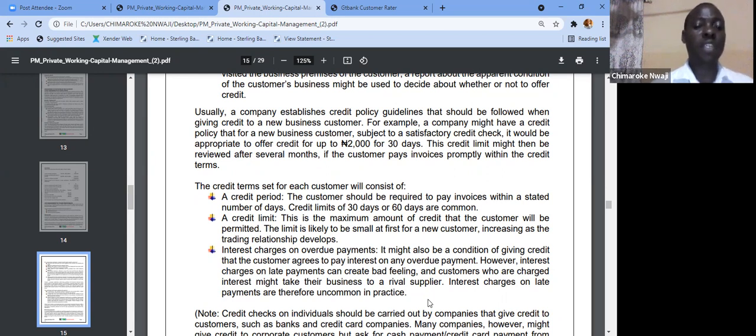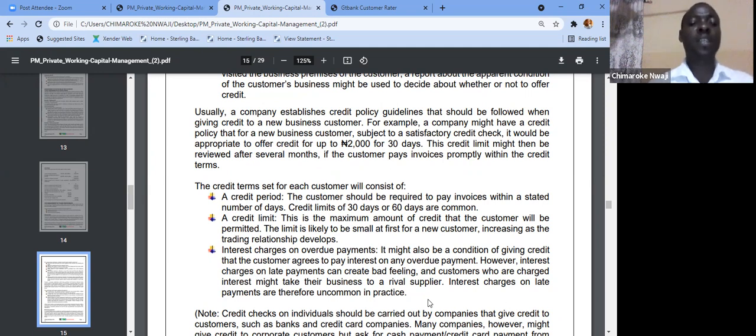My attention here is on net 30, which means the net period you must pay your credit is 30 days. So you have 30 days or perhaps 60 days, it depends on the transaction, or 90. There must be a credit period which should not be exceeded, knowing fully well that customers will want to pay towards the end of that credit period, so you need to learn to set a very good credit period.